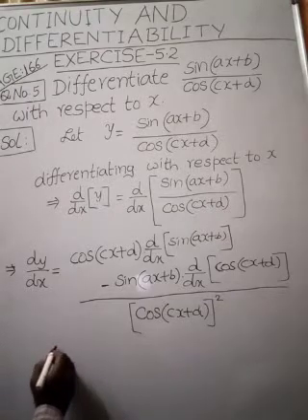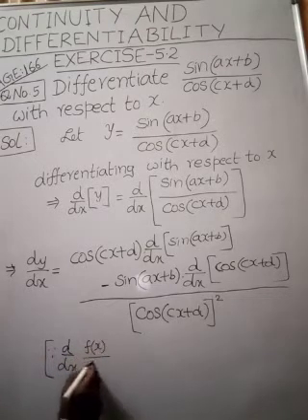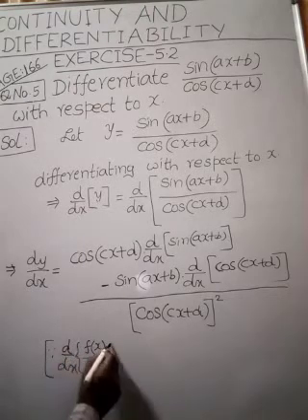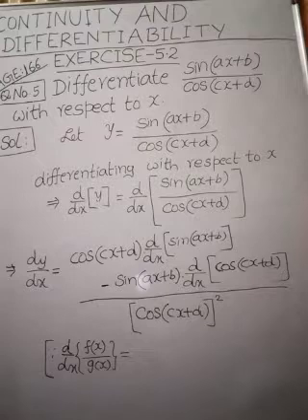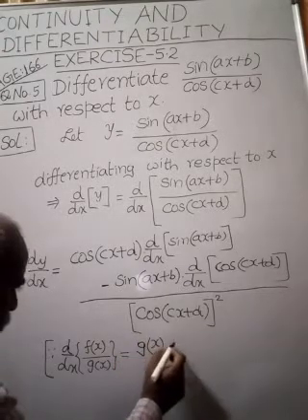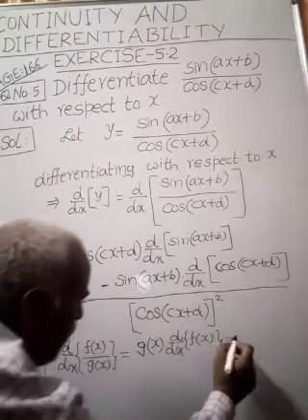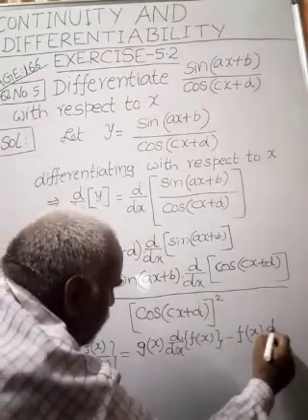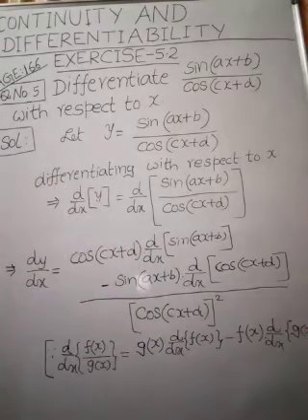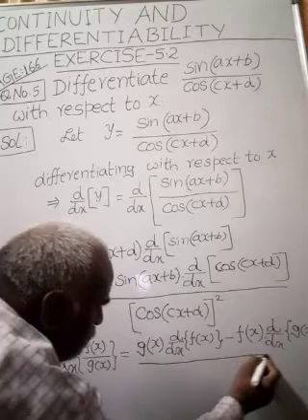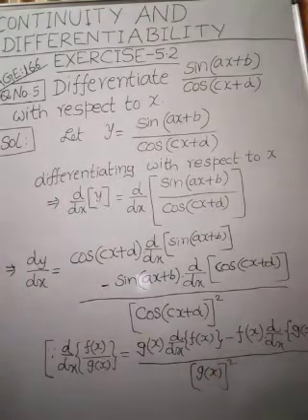Here I write the formula: d by dx of f of x by g of x is equal to g of x into d by dx of f of x minus f of x into d by dx of g of x, whole divided by g of x whole square.